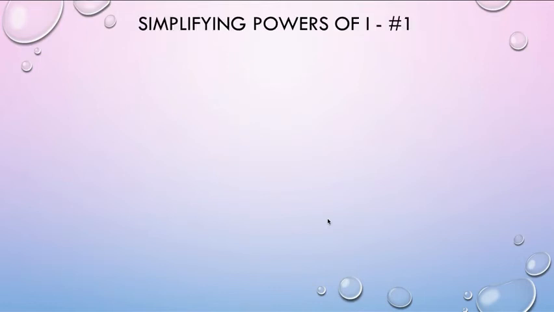So let's look at simplifying powers of i. If we have i to the 13th, well, instead of having to write out 13 i's and then group them into 4s and then see how many are left over, one thing that we can use to show grouping in mathematics is division. So we could divide this into groups of 4.